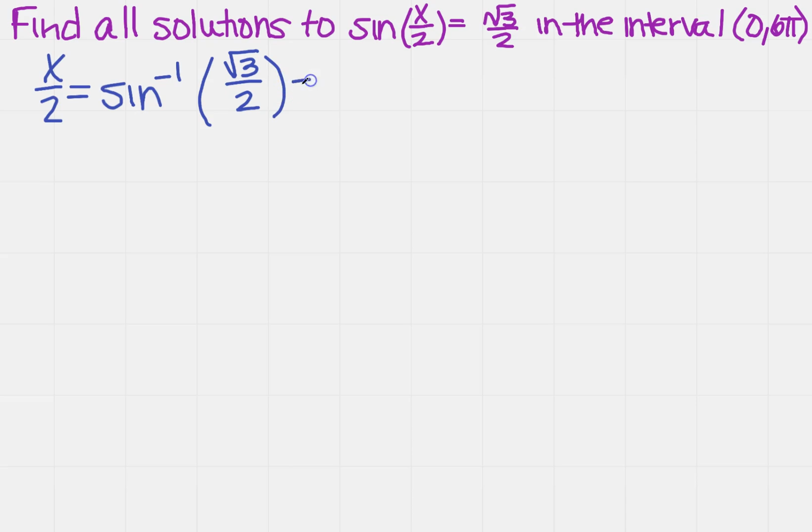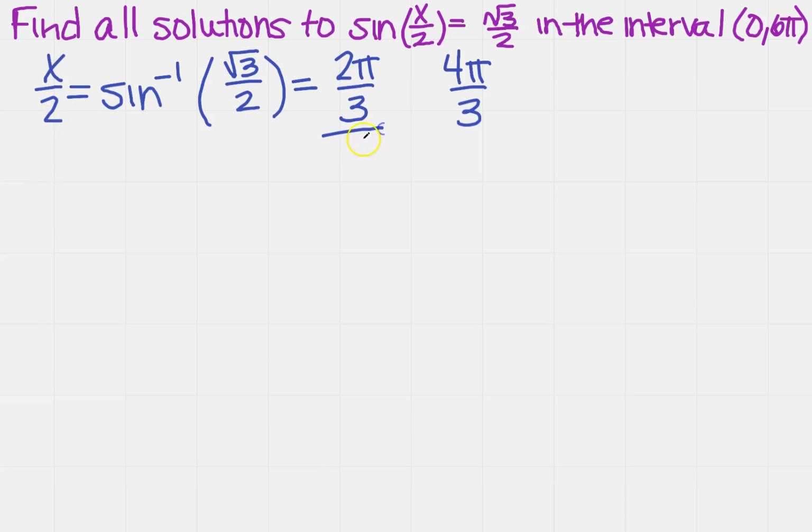Now, when I do that, I find that that is at where? Well, it's at pi over 3, but it's also at 2 pi over 3. Now, that is just for the inverse sine of the whole thing. I actually have x divided by 2. So what am I going to have to do?